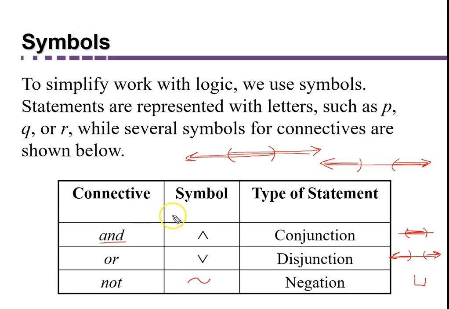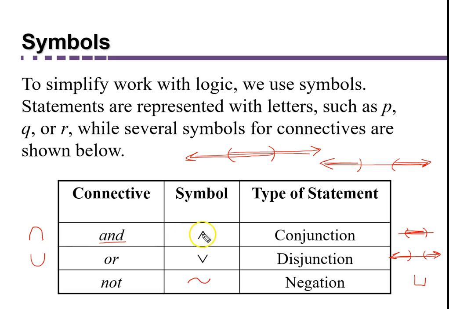Now, just to tie this up with things we did a little earlier, and in previous units, the word and, if you recall, was the symbol of intersection. The word or was the symbol of union. And you may note that the symbol in symbolic logic here is the caret.